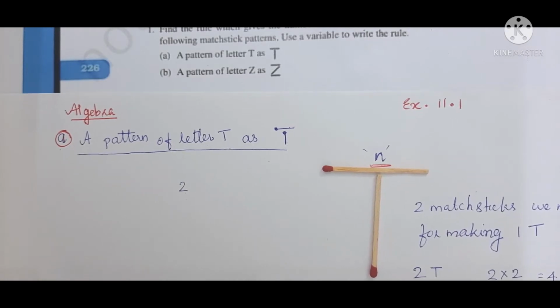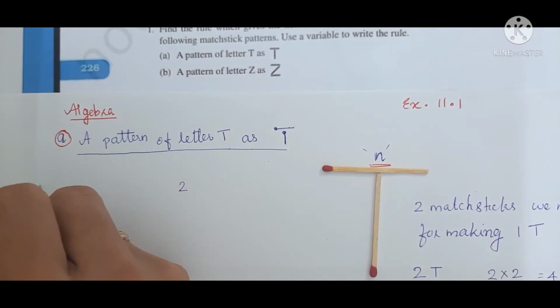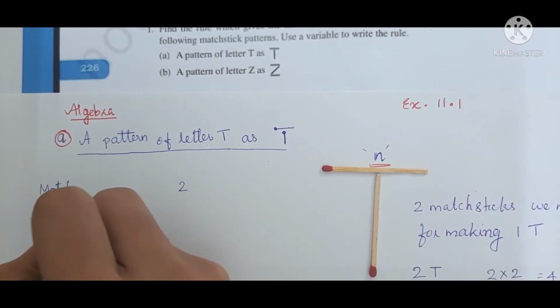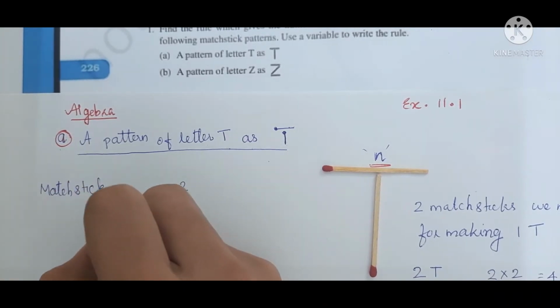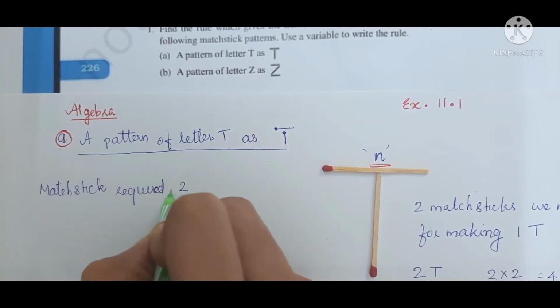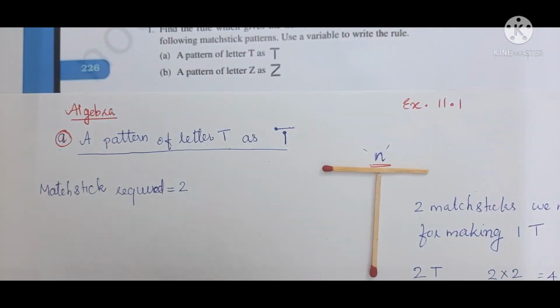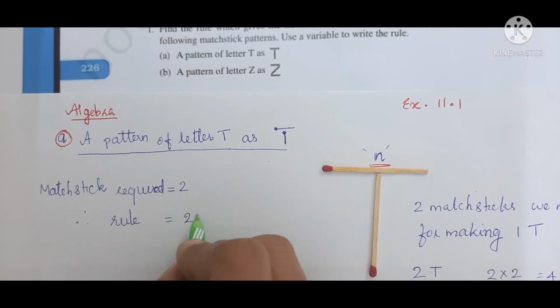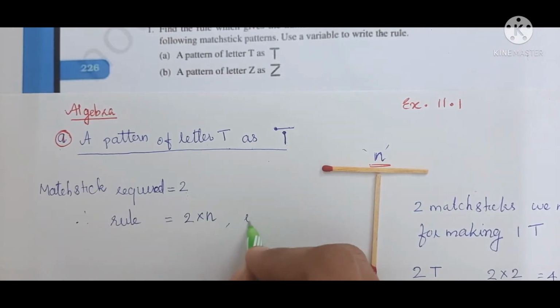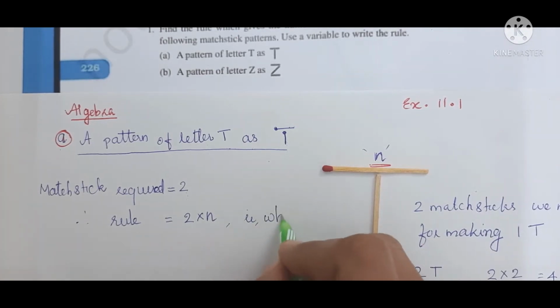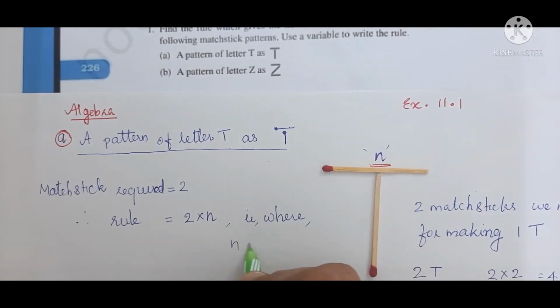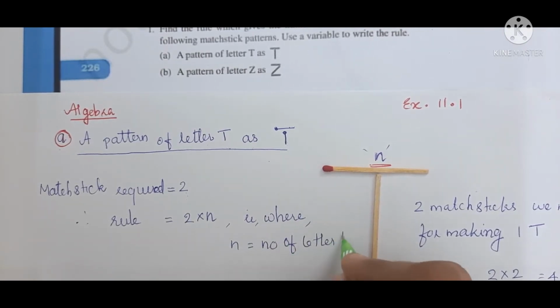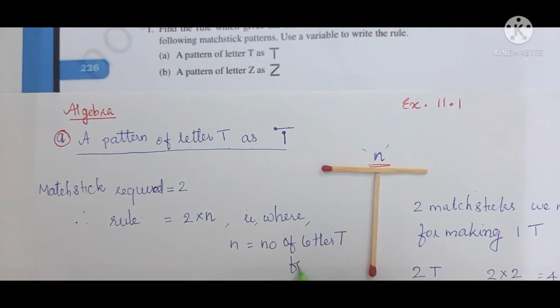So how will we write the answer? We have to write: matchsticks required is equal to 2 into n, that is 2n, where n is equal to the number of letter T formed.